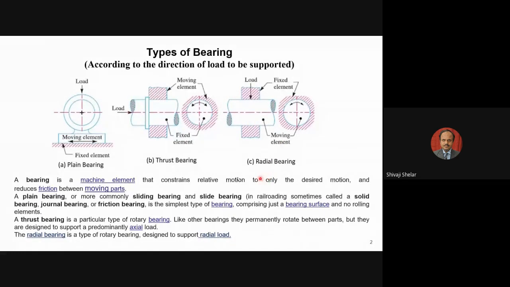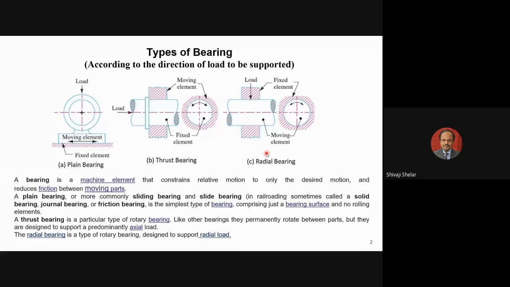Now this is the classification based on the direction of load. In reality, in a typical application, there is no case of only thrust load or only radial load. In every application, a small amount of radial or thrust load will always be there. So even if you take a bearing for radial support, it can also support axial load to some extent.